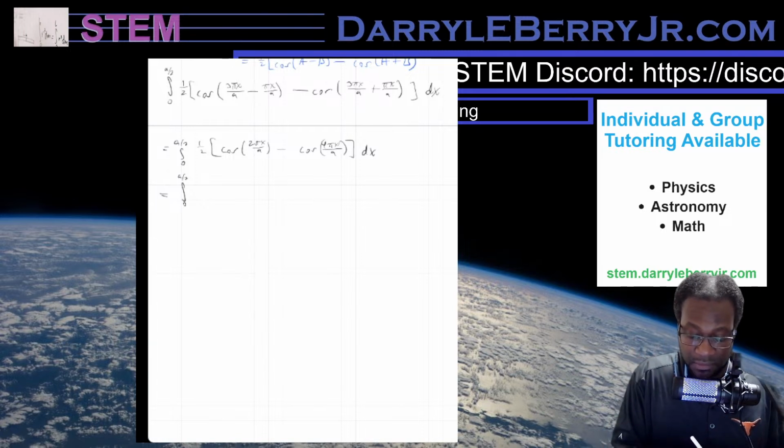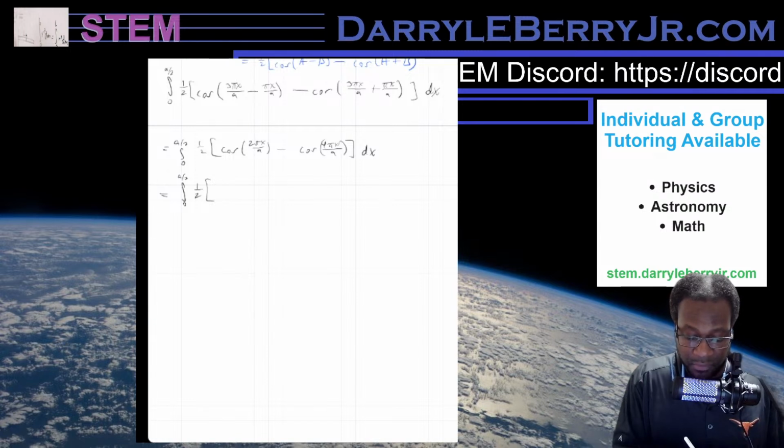And you can do each of these separately, as they're already in the cosine form.